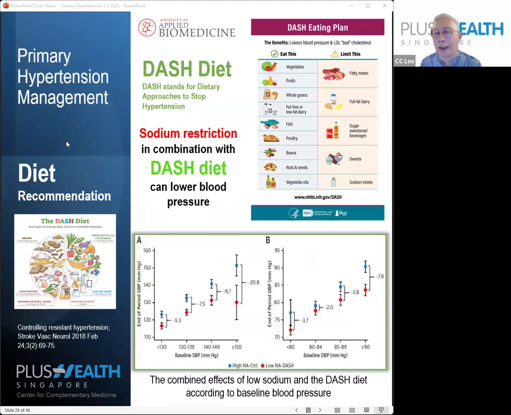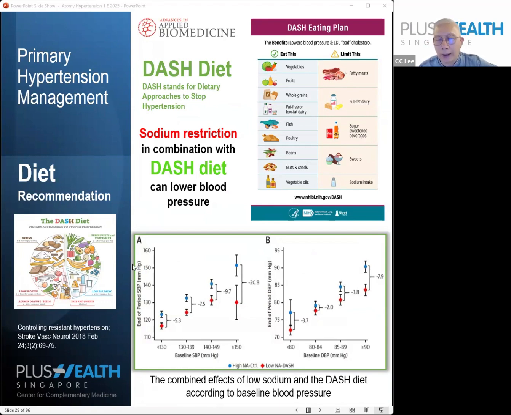Okay, let's look at the diet. If you say healthy diet, everybody knows, right? And if you have a diet with sodium restriction, we call it the DASH diet. The DASH diet is very similar to the Meridian diet, except that it focuses more on reducing the sodium intake.